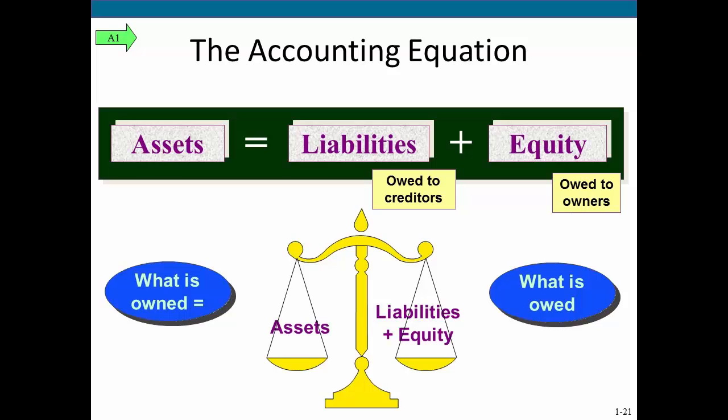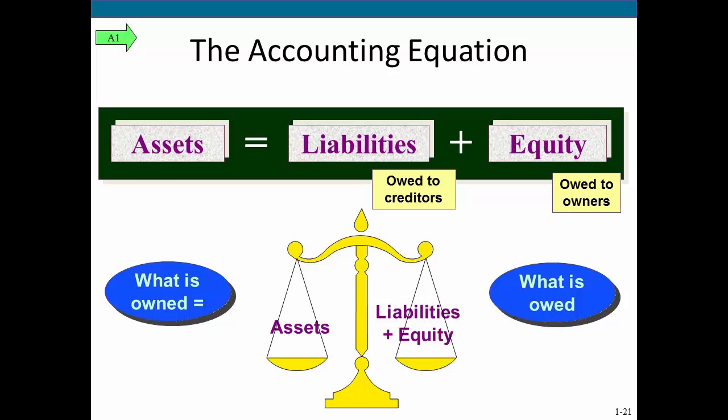Together, liabilities plus equity provide the funds the company uses to acquire assets. The accounting equation must always be in balance no matter what. Let's define the parts of the accounting equation in the next few slides.